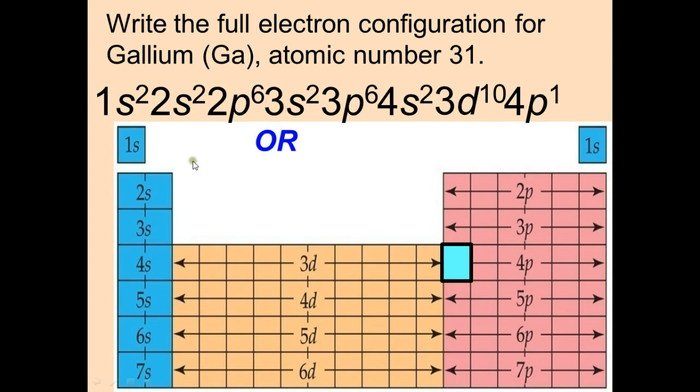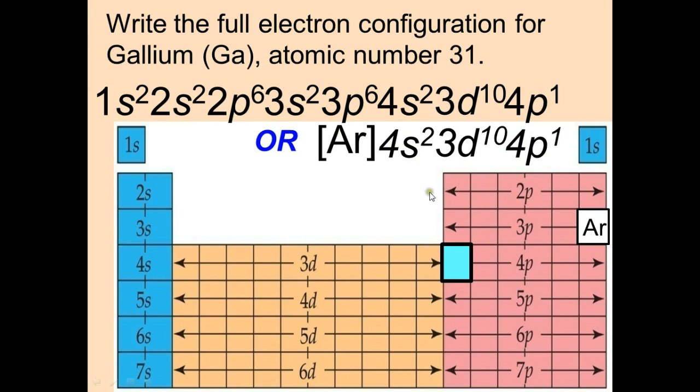Or you could have written this as argon, so just write argon in brackets, which is right here, and then continue the pattern from there. The reason you can do this is because these are noble gases, we can just use the last noble gas before we get to the element, and then we just continue on the pattern after the noble gas.